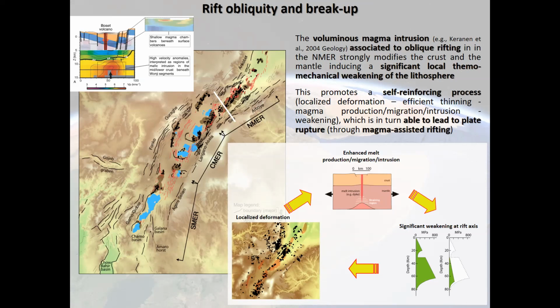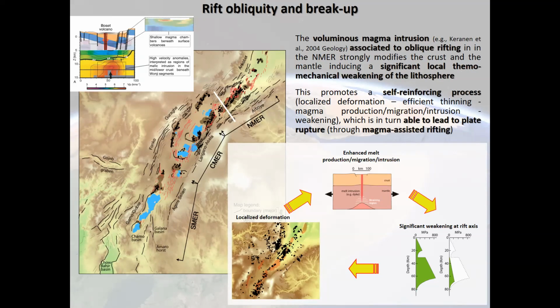This has an important effect on the resistance of the lithosphere and on the amount of forces required to rupture the lithosphere, because we have weakening of the lithosphere, which induces and promotes self-reinforcing processes, because the more localized is the deformation, the more efficient is melting, the more efficient is magma production and intrusion, and the more weakened is the lithosphere at the rift axis.